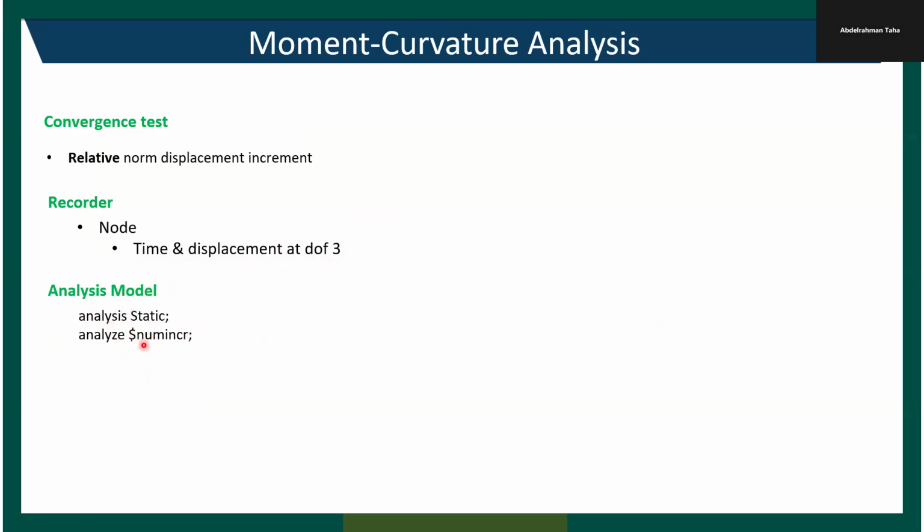In this case, we have type static, because we're doing static or quasi-static analysis. And then we analyze using the number of increments, which again is based on the yielding rotation. So as you can see, we need to find this value.